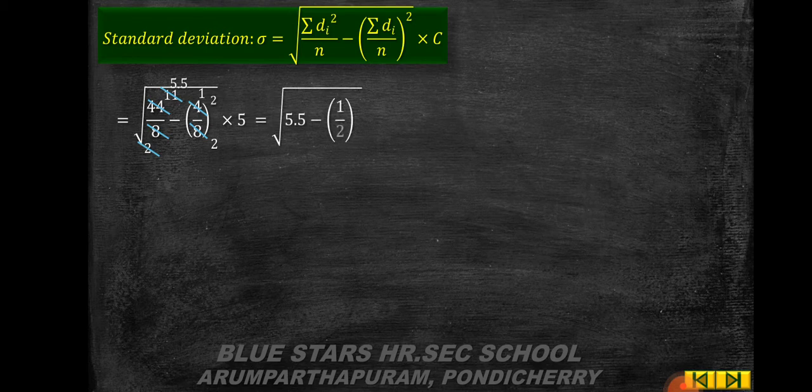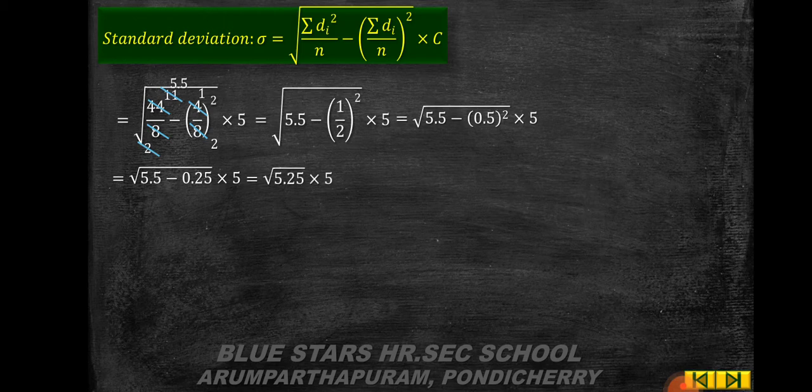So root of [5.5 minus (1 by 2) square] into 5, which is 5.5 minus 0.25, into 5, which is root of 5.25 into 5.